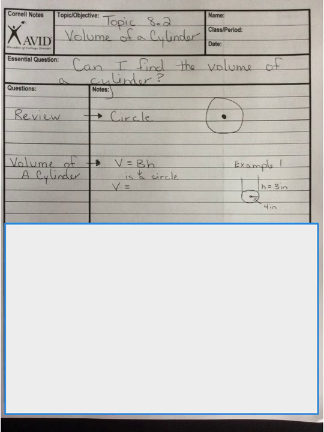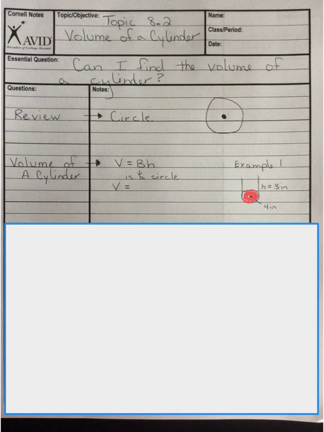So if we look at my example, and I'll kind of shade it in, we know that our base is a circle. So because we shaded that, we need to find the area of that circle. We times it by the height, and we have how much our volume is. So we need to write down this formula because this is the formula we are going to use over and over again.